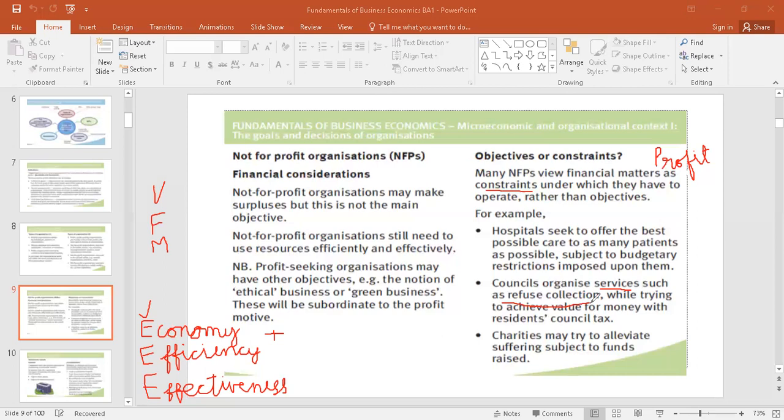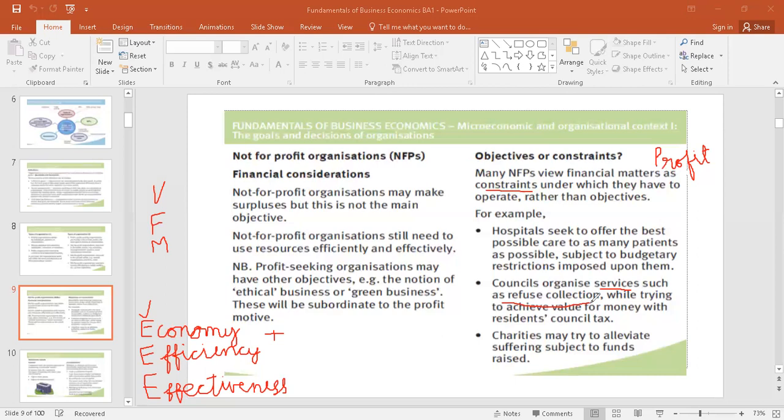So as part of value for money, we see that though the primary objective of maximizing profit is not present, that should not be taken as a reason or a cause for them not to perform up to the optimum extent.